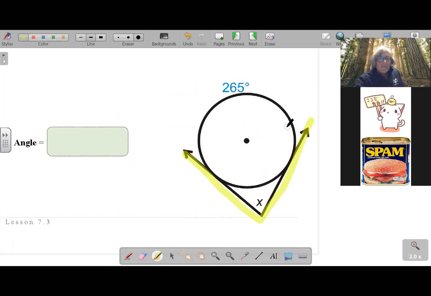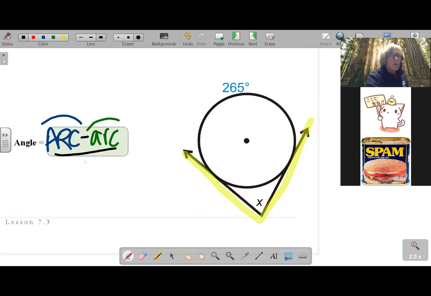Tangent angle. Yes, ma'am. And so what would the equation be? Angle equals arc minus arc divided by 2. Yep, big arc minus little arc over 2. Okay, let's circle plug chug.